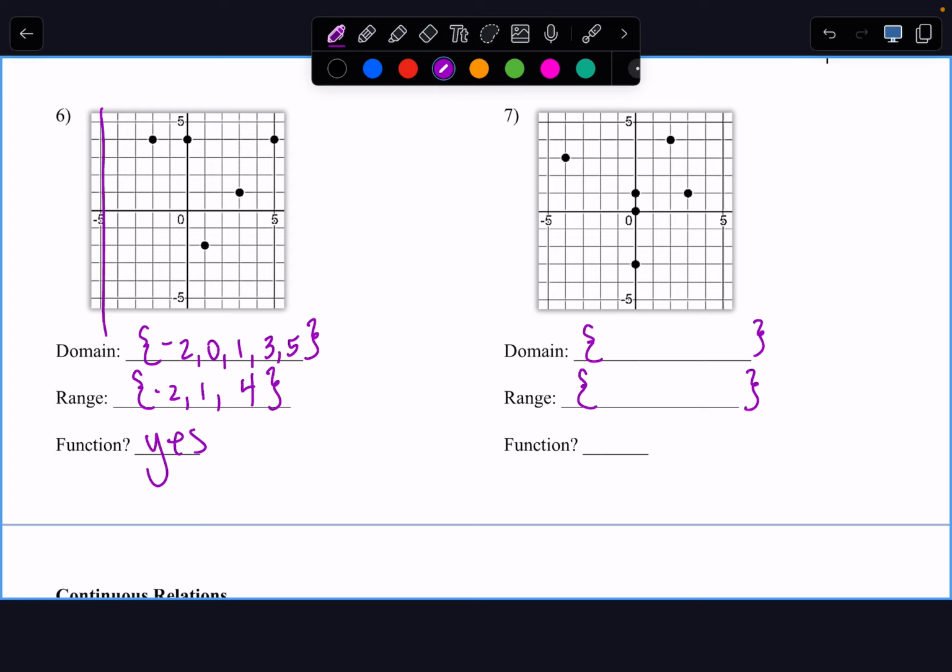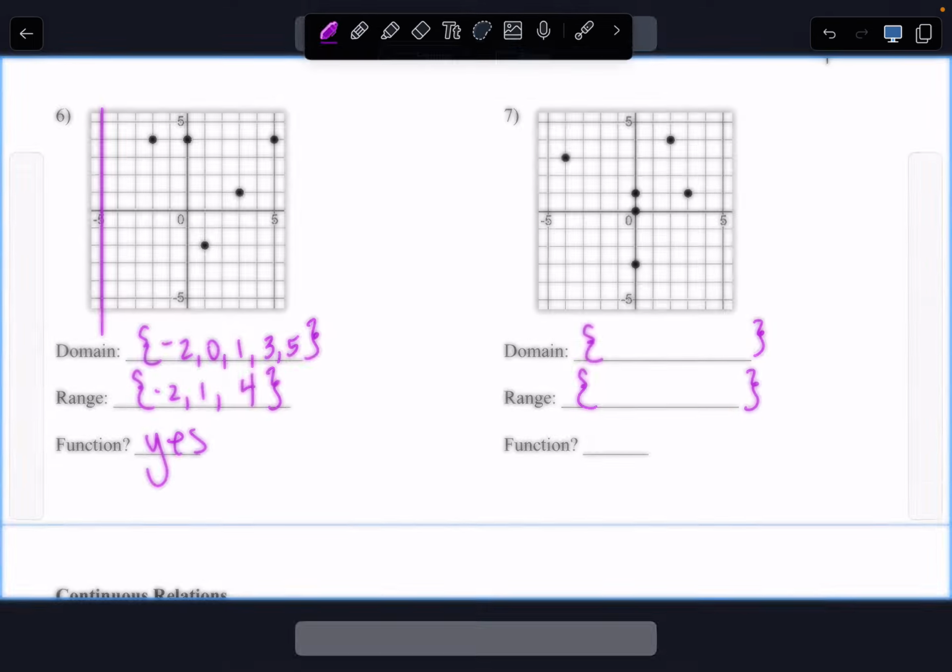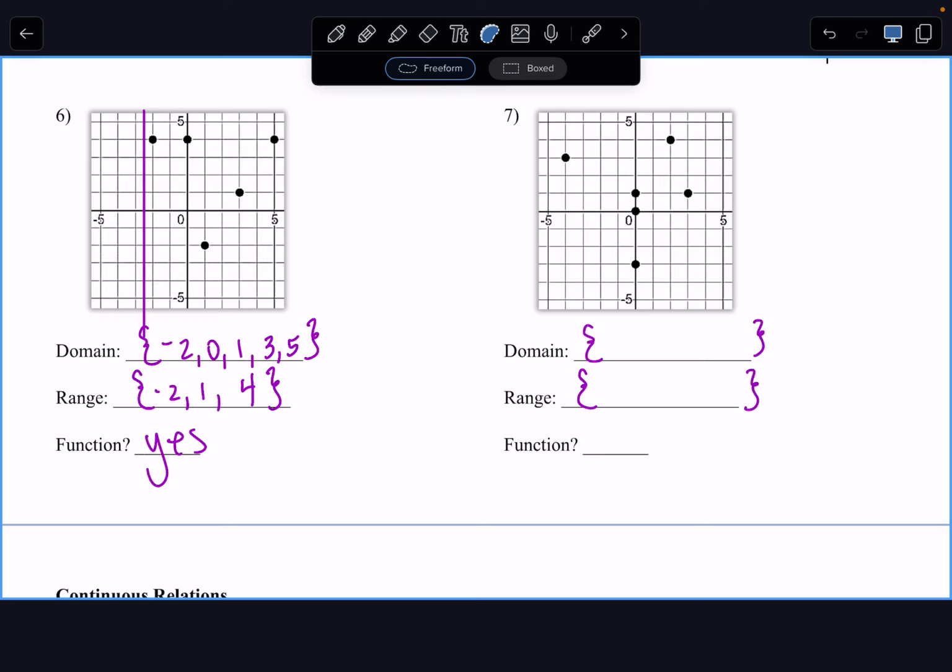Watch, guys, if I draw a vertical line and I get 1 dot, 1 dot, 1 dot, 1 dot, 1 dot, we're good. Okay, now how about 7? If I put my vertical line, do we have a problem? Yes. Right here, we do not pass the vertical line test.